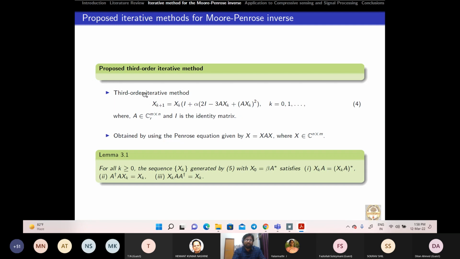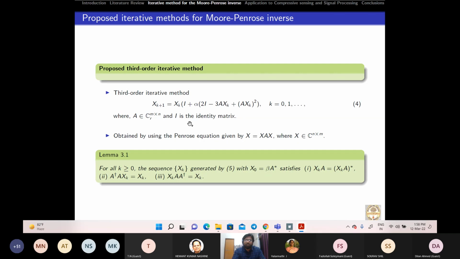So first we extended that method to a higher order convergent iterative method by proposing this method, that is x_{k+1} equal to x_k plus something. We introduced one scalar, alpha here, and in our initial approximation x0, the new scalar was beta. We have first extended that method to the higher order iteration method, and also we have taken two constants, alpha and beta.